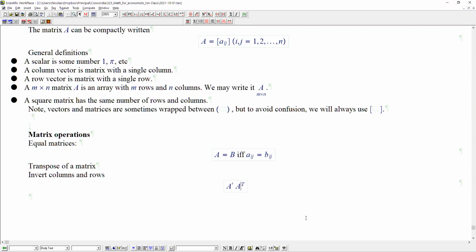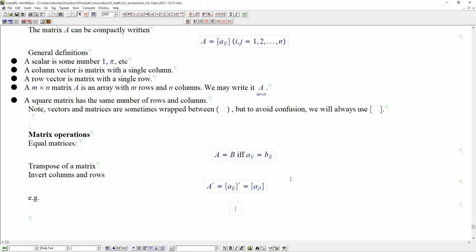In mathematics articles, if you take a math class, oftentimes you see A T for A transpose. But in economics, people usually use A prime. So I'll stick with A prime. So A prime equals Aij prime, so it becomes Aji. So you invert the rows and the columns. So let me show you an example.